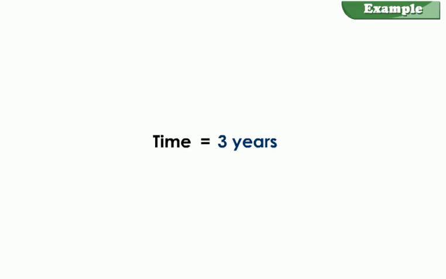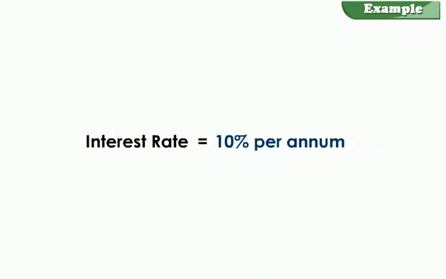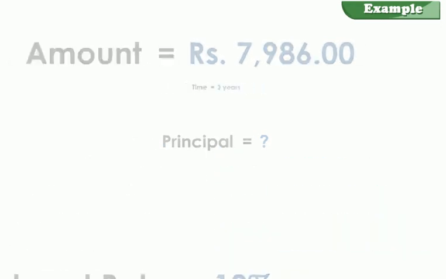Students, here amount A is equal to rupees 7,986. The time duration, that is n, equals 3 years, and rate R is equal to 10% per annum.